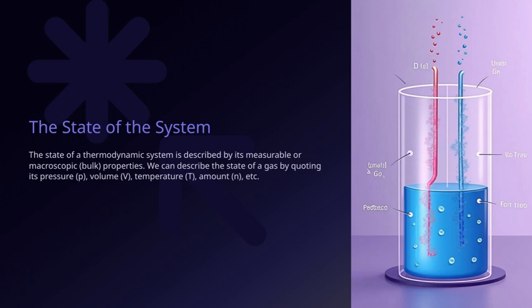For example, when we look at a gas, we typically describe its state by quoting properties like pressure, which tells us how much force the gas exerts on the container walls, volume, indicating how much space the gas occupies, temperature, which relates to the average kinetic energy of the molecules, and the amount of gas, often given as moles or n. These properties are fundamental because they allow us to characterize the system completely, without needing to know every detail about individual molecules.